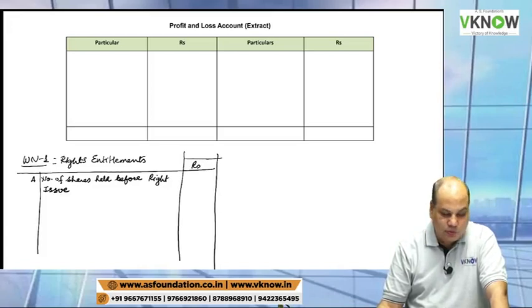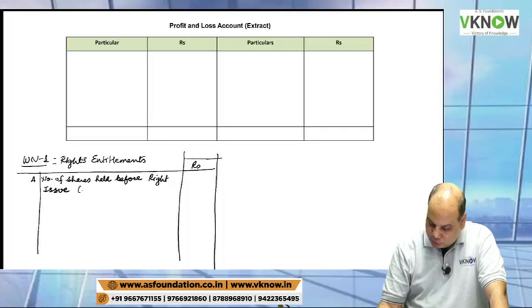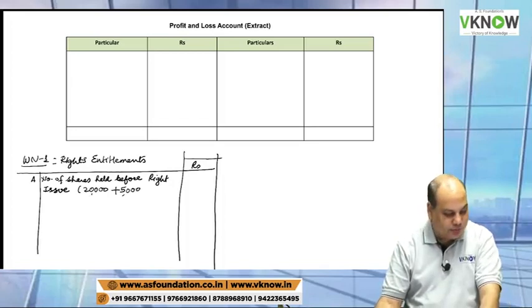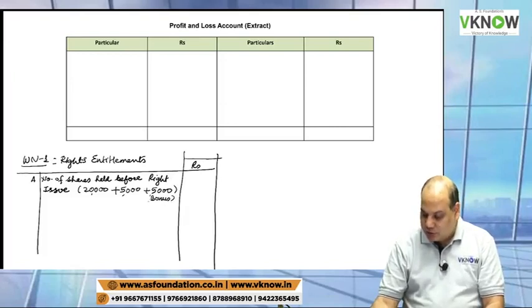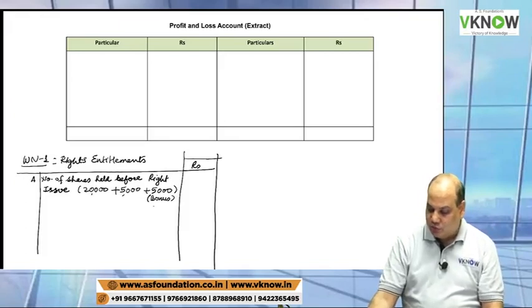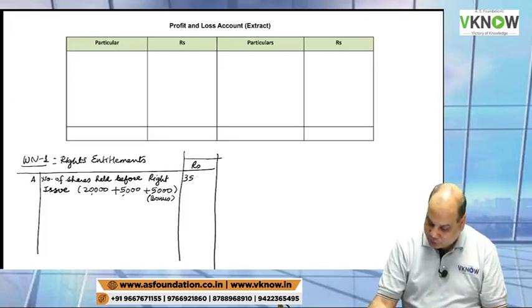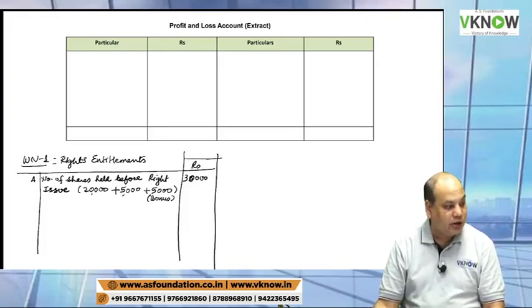So you have opening number of shares 20,000 plus 5,000 shares purchased on 1st June and plus 5,000 bonus shares received. So we were holding 35,000 shares. No, sorry, 30,000. We were holding 30,000 shares.